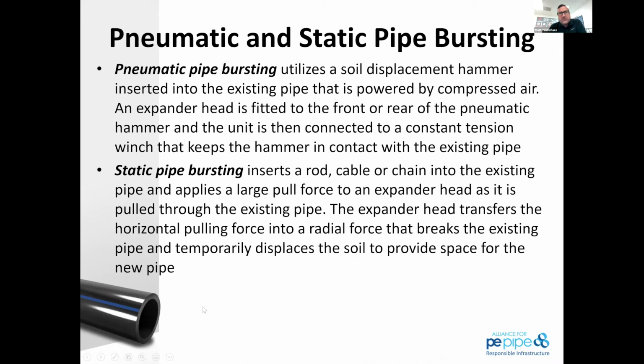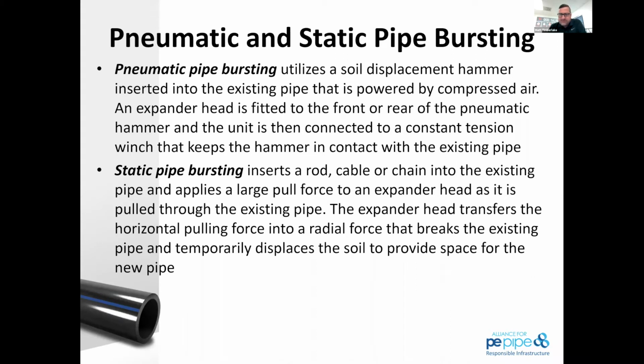So there's really two primary methods that we recognize inside of the industry today. And 20 years or so ago, when I first started getting involved with pipe bursting, there were probably a dozen or 15 different methods, and an old Army Corps manual outlined a lot of those. But the industry really talks about now the static or the pneumatic pipe bursting process.